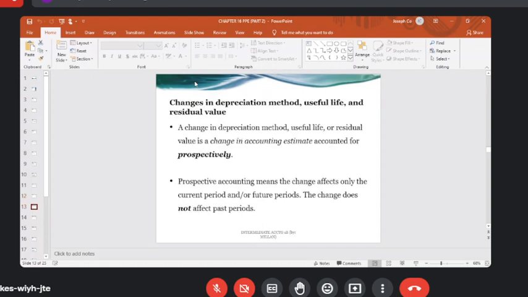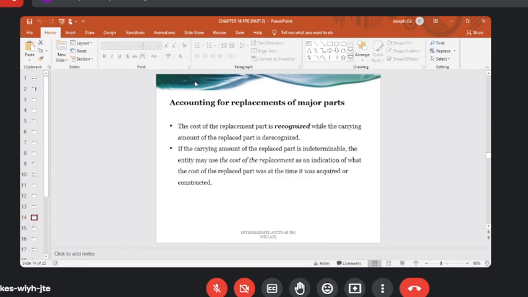And then in case of changes in depreciation method, useful life, or residual value, the treatment is a change in accounting estimate, with prospective application. Prospective accounting means that the change affects only the current period and future periods, not the past periods. And then accounting for the replacement costs, no?